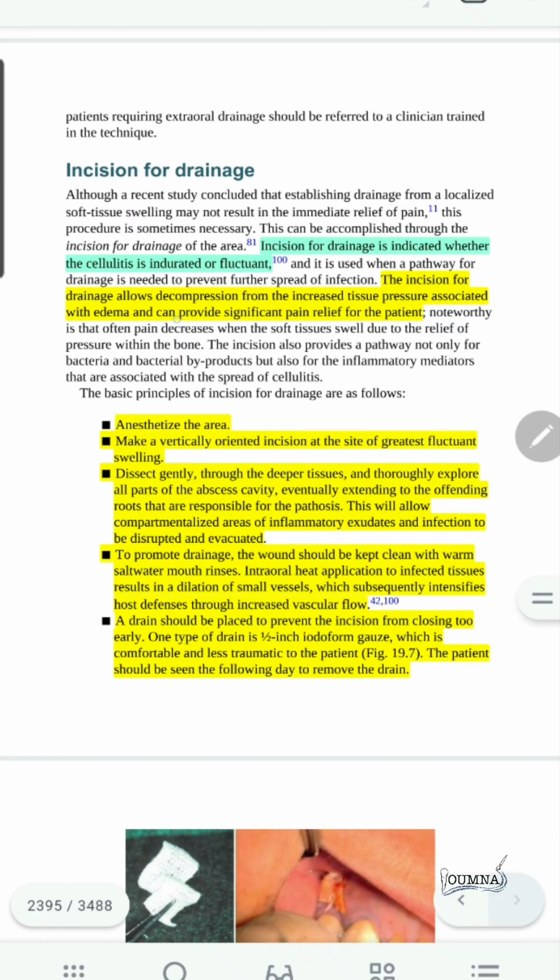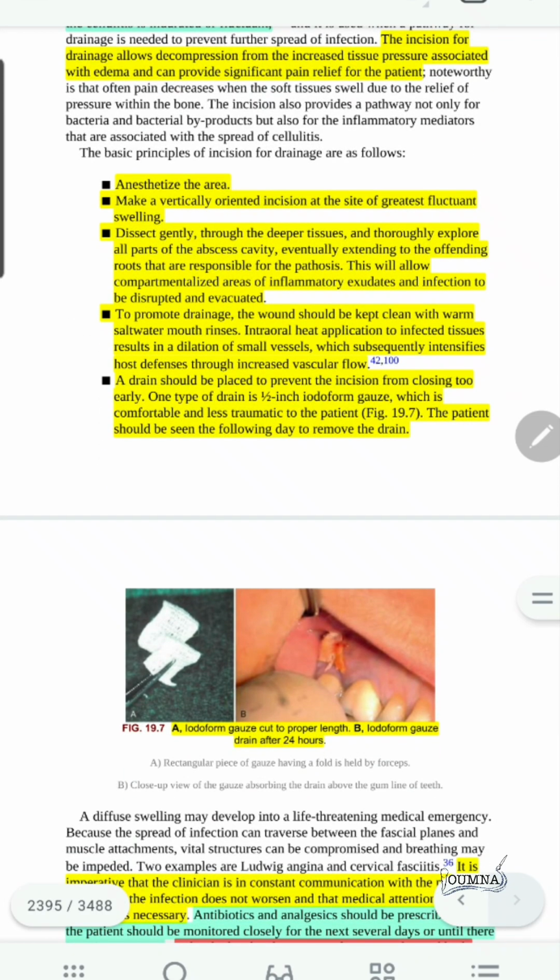The incision for the drainage allows decompression from the increased tissue pressure associated with the edema and can provide significant pain relief for the patient. The steps are: first of all, we anesthetize the area around the swelling and never anesthetize through the infection, to prevent any spreading of it.